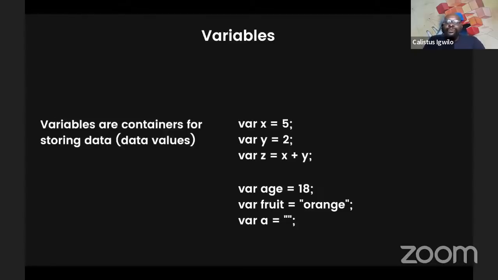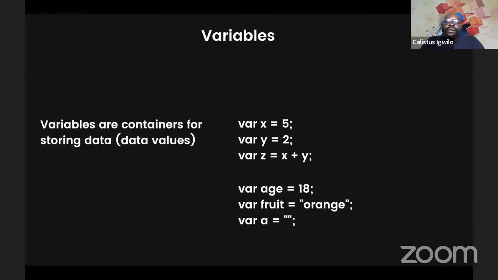Also we say var fruit equals orange. Orange is a type of fruit, so it makes sense that I use fruit as the variable. Somewhere in the memory, it creates a container known as fruit, and inside it, it stores a string called orange.